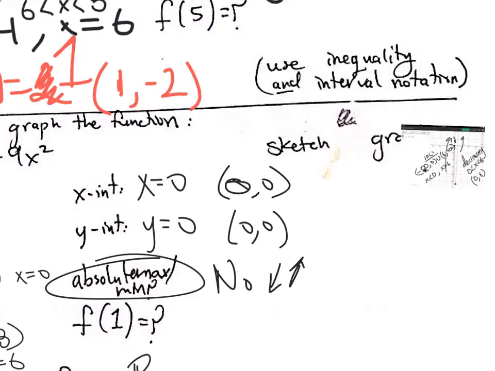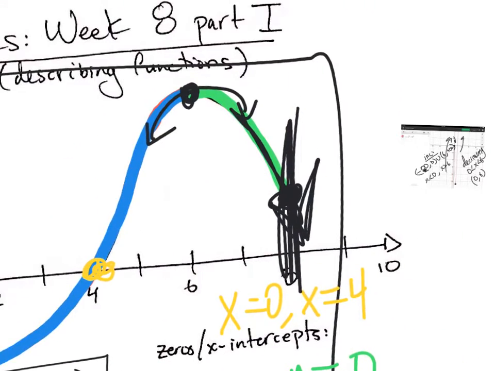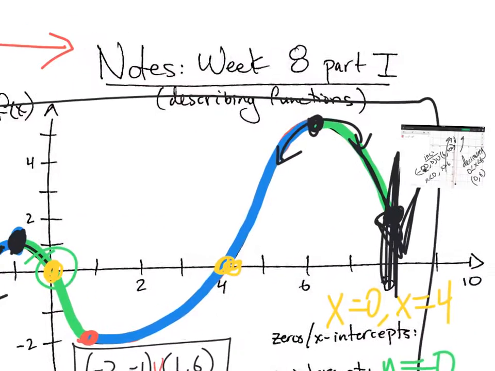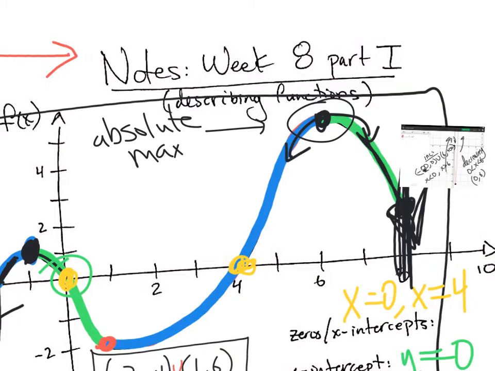If we were looking at our previous example, I don't think I had an absolute maximum or minimum listed, but in this case we do have an absolute max because there's no value on the function that is larger than that. It doesn't keep going up in any direction, so it would be an absolute as well as local because it's right here and we can see it. But whatever that was, 1, 2, 3, 4, 5, maybe it was at 6, I forget. Okay, that's pretty sloppy, sorry.